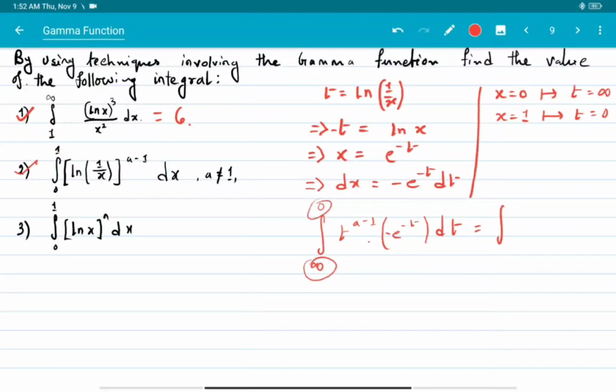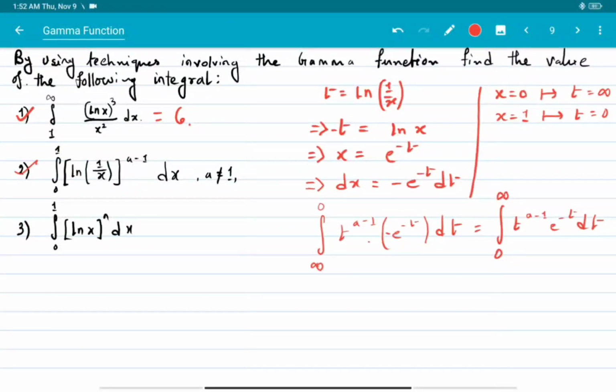So as we do that, this sign will change. So this is a normal integral formula. So this is 0 to infinity, t to the power a minus 1, and e to the power minus t dt.